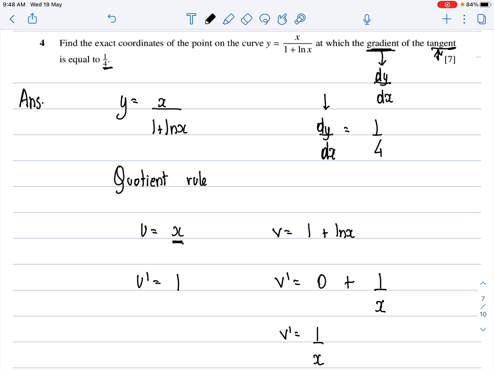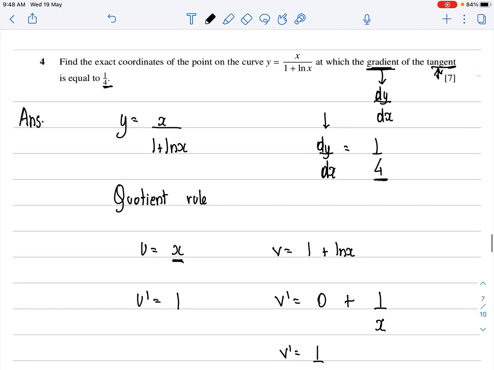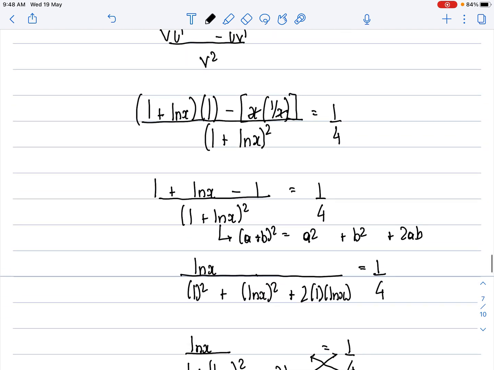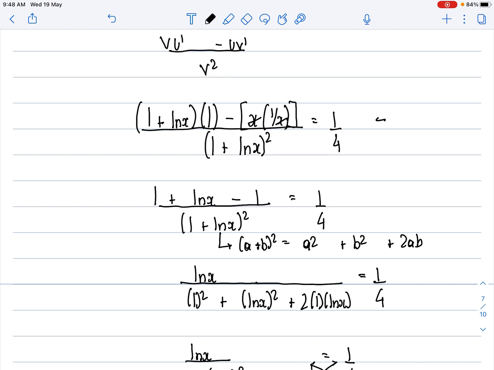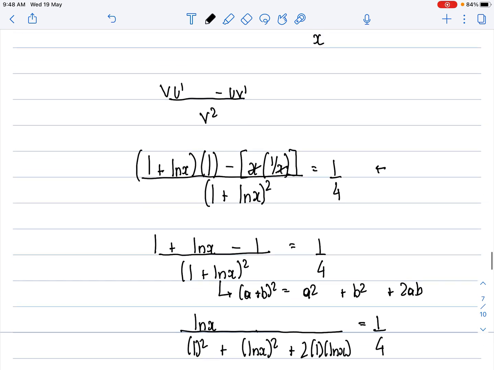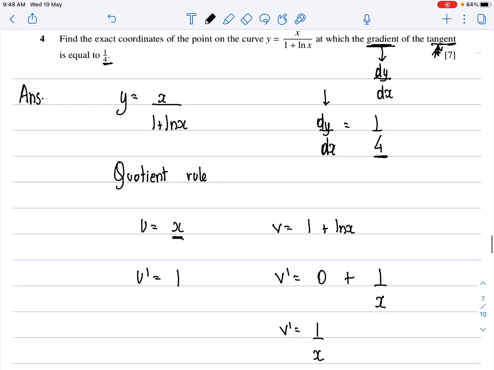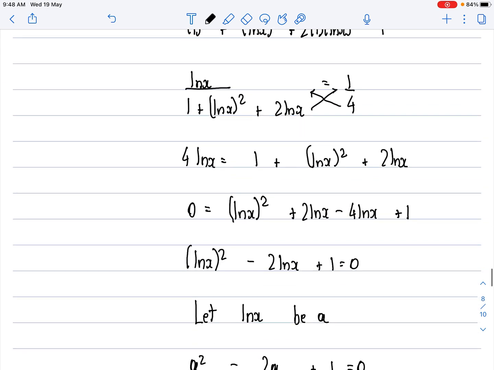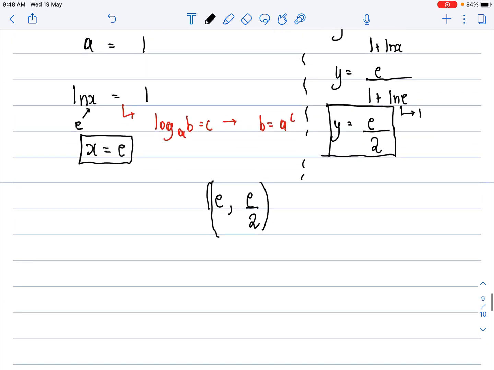The tangent has the same gradient as stated, but the normal becomes the opposite and reciprocal. So if they had said this is the gradient of the normal, you would have equated your dy by dx to -4, because it becomes the reciprocal, 4, and the opposite sign, -4. This is an important concept to know, which I wanted to mention so that later when they ask it, you know how to do it.